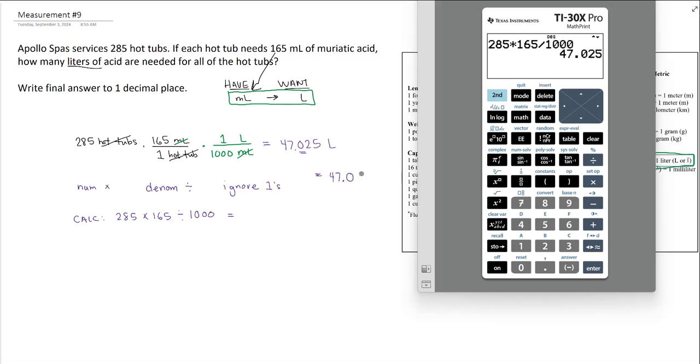Now, one thing to note here, when I ask you to round to the 1 decimal place, you need to show 1 decimal place in the answer. So even though 47 is equivalent to 47.0, I need to show the specification of whatever unit I rounded to. So please leave the 0 there if it asks you to round to 1 decimal place.